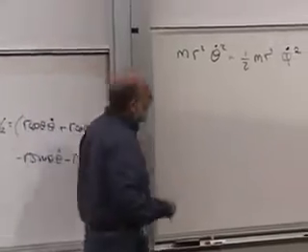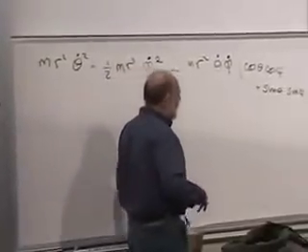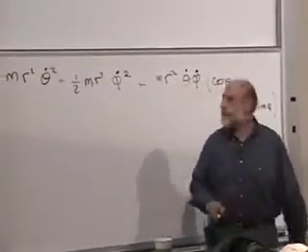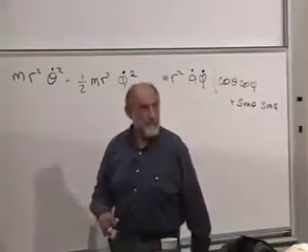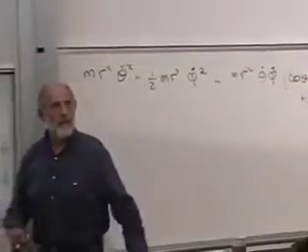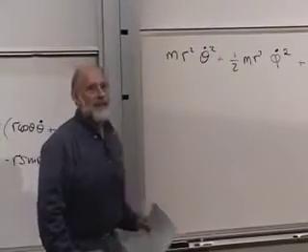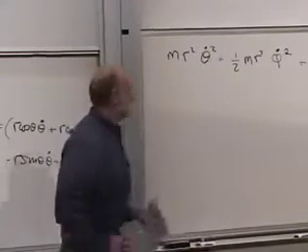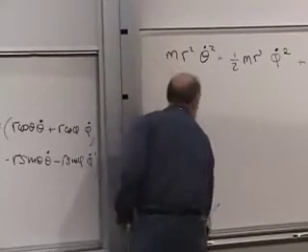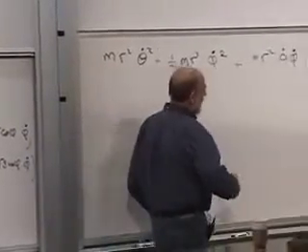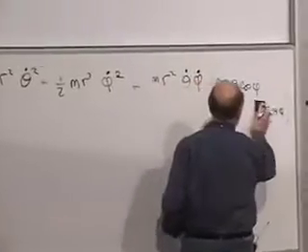Now, what about cosine theta times cosine phi plus sine theta times sine phi? Anybody recognize that? Yes? So what is it? Cosine of theta minus phi. Okay, this is cosine of theta minus phi.